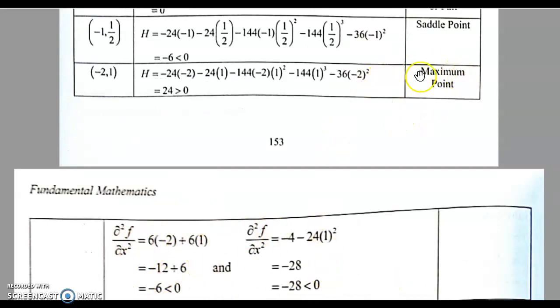So we can conclude that this is a minimum point. Just imagine a downward graph meeting the stationary point there, and then going back upward. So the turning point is from downward turning to upward. That is for the minimum point.